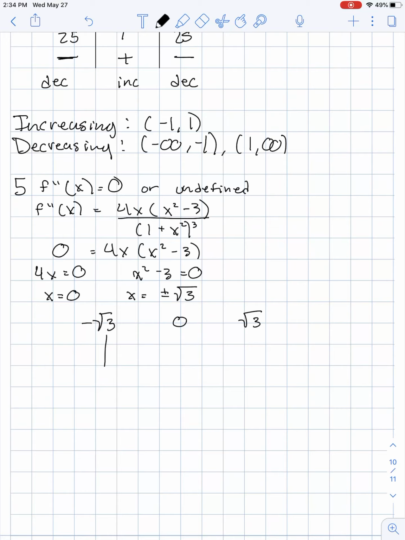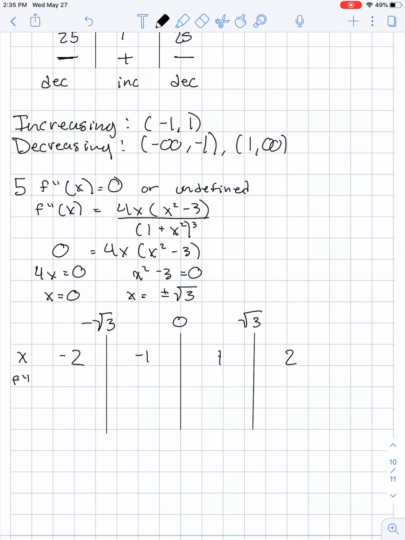Great. So our test points, boom. I'm going to choose -1, 1, 2, and -2. I'm going to go back to the second derivative on those. So if we look at the denominator, it's always going to be positive. So I kind of don't even need to plug into there because if I divide by a positive number, whatever the numerator is, it's going to stay that sign. So I only care about the numerator.